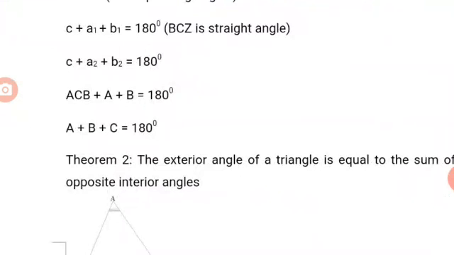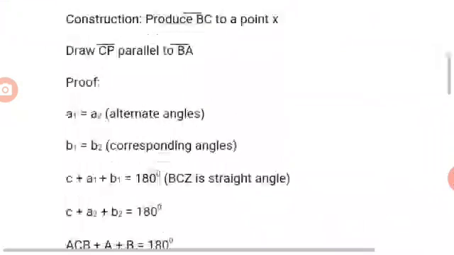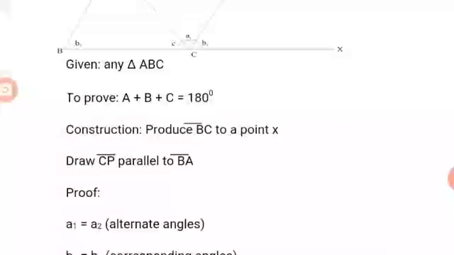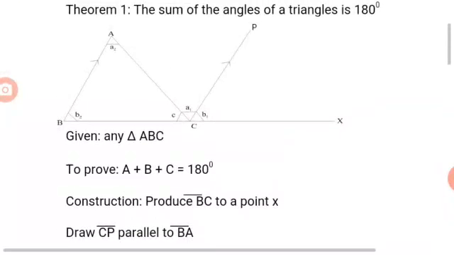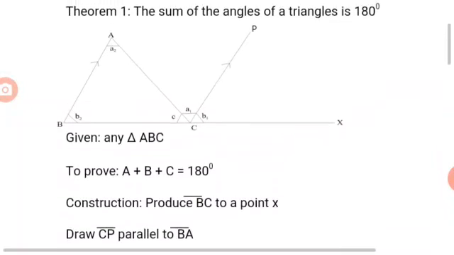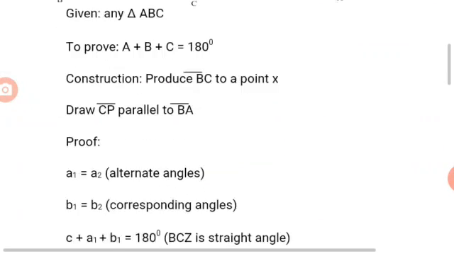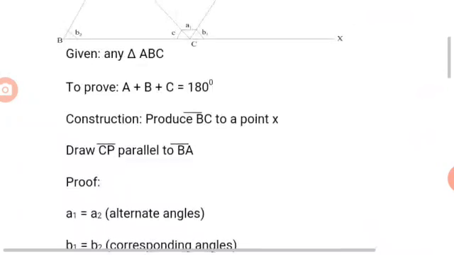Are we together? Now what we are trying to say in essence is that the angle in a triangle is 180 degrees. I also showed you what we call alternate angles, and then corresponding angles.